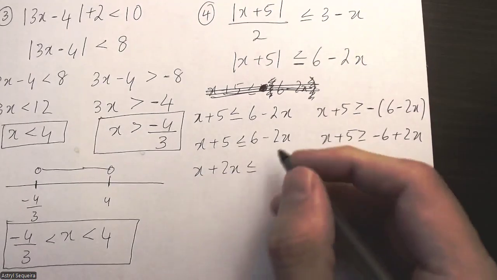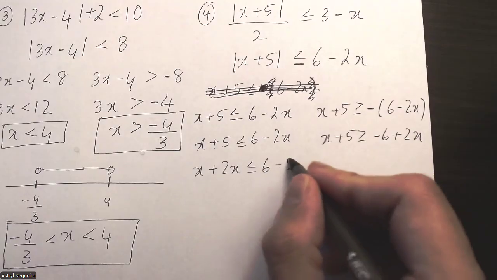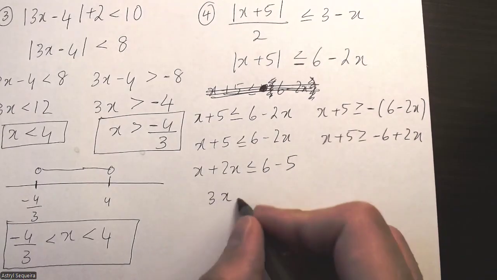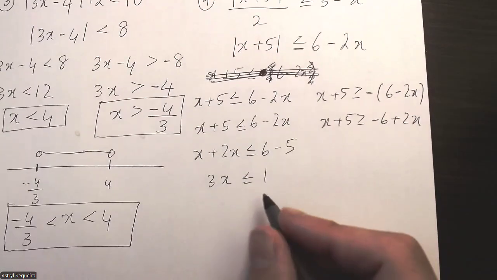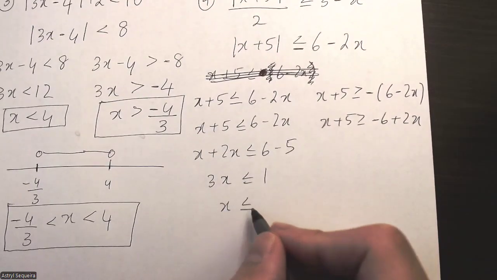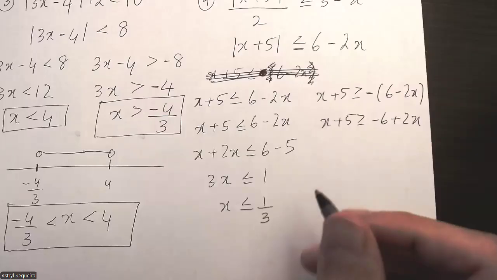So I'll move the x terms to the left side and the numbers to the right side. I get x is less than or equal to 1 over 3.